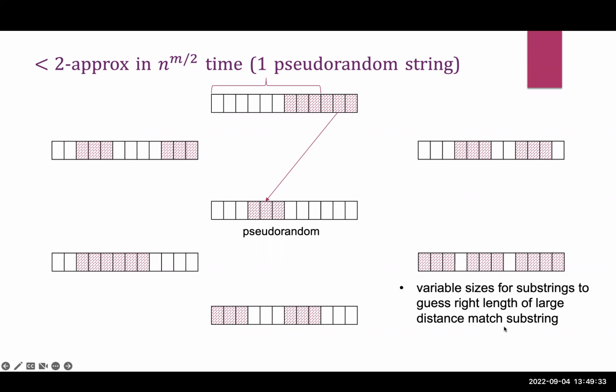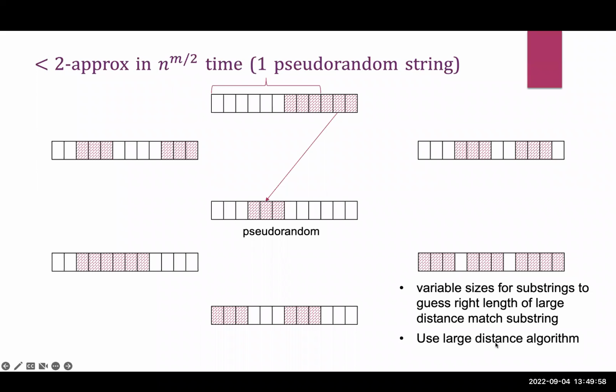Once we have all these m tuples of large cost match substrings, we find their cost using a dynamic program algorithm. But instead of a trivial dynamic program, as the cost is already large, we can use our large distance algorithm, which cannot provide the exact distance, but can provide a 2 approximation of the alignment distance much more efficiently.